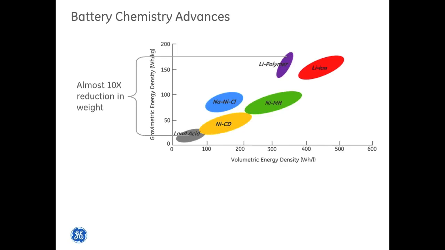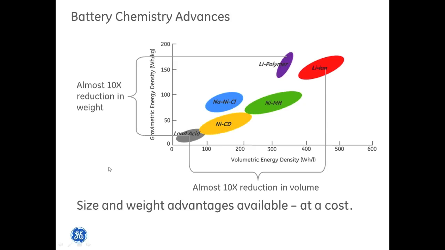But when you get out to the lithium polymer, lithium ion, you can see that there's almost a 10x reduction in weight for the same amount of capacity versus the lead acid. If you look at the volume, there's almost a 10x reduction in volume. The space that's taken up by these batteries could be 10 times less. So obviously that's some fairly significant changes just from changing the chemistry of the battery.